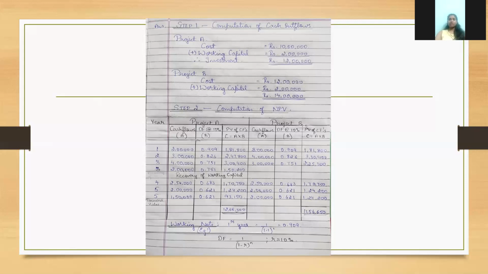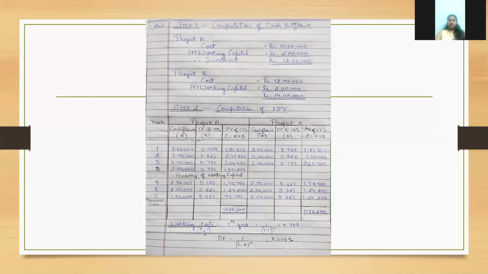12,68,300. Similarly, while calculating for Project B, the cash flows are 2 lakh, 2 lakh, 4 lakh, 3 lakh, 2,50,000, 2 lakh, and 2 lakh. The discount factor at 10% is 0.909, 0.826, 0.751, 0.683, 0.621, and 0.621. The present value of cash flows is equal to cash flows into discount factor.